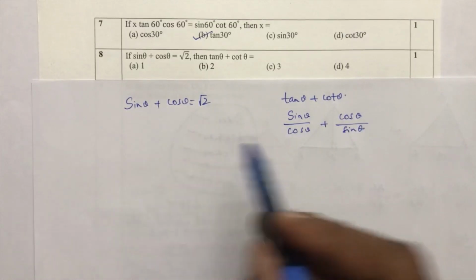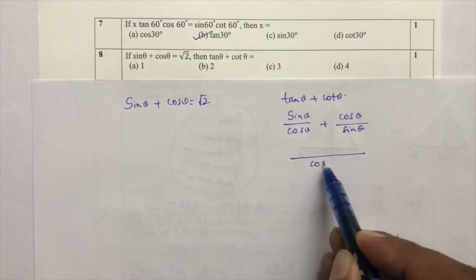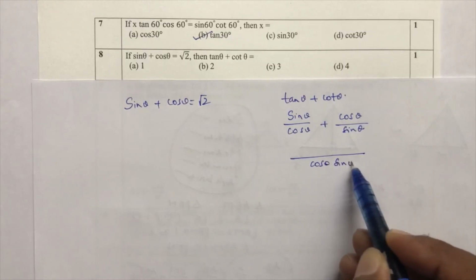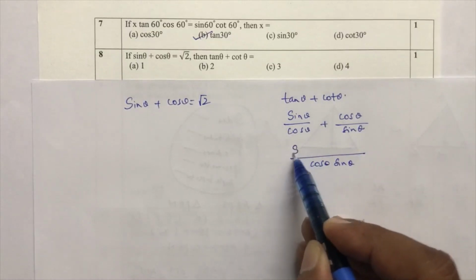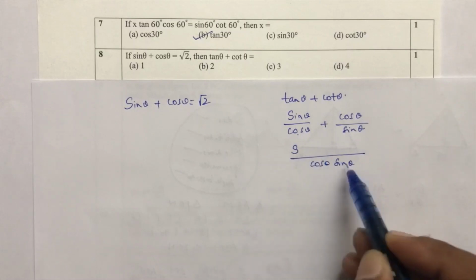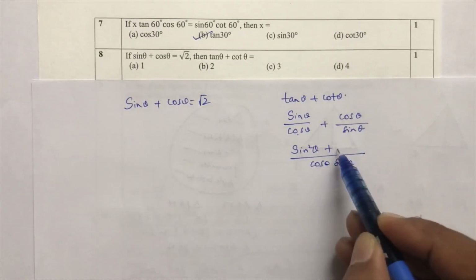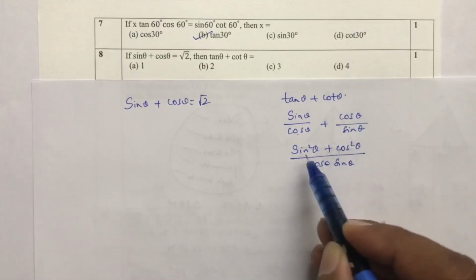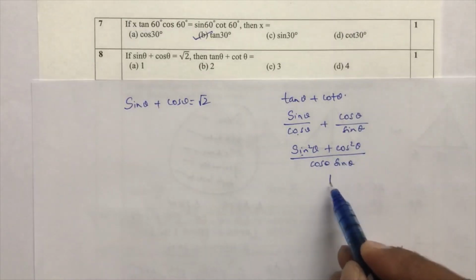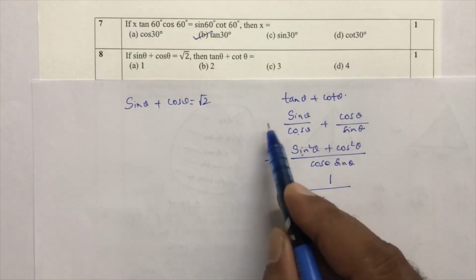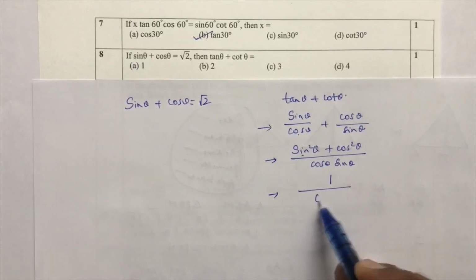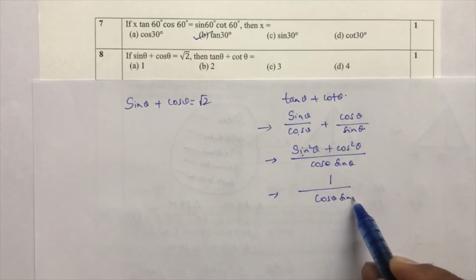So here the LCM is cos theta sin theta. Simplifying, we already have cos, so multiply sin square theta. Here we already have sin, so multiply cos square theta. Sin square theta plus cos square theta is 1. So we get 1 by cos theta sin theta.